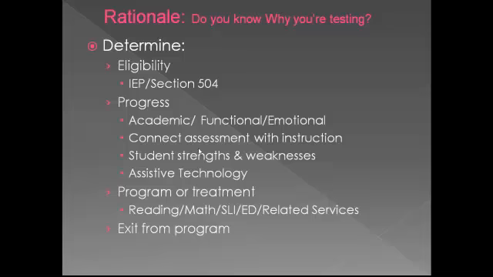So basically, the purpose of testing is to determine, if you're looking at eligibility, whether students have a disability, and if that disability impacts their education to the point that they are not being successful in school. Now, they could have a disability, but it's not affecting them to that point. That's when you would go and look at the Section 504.